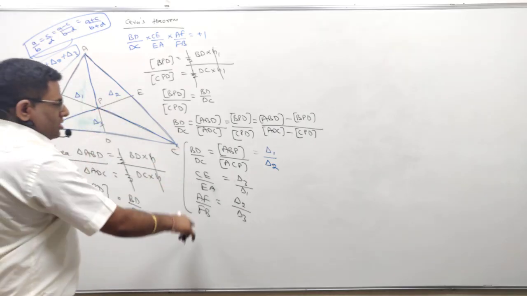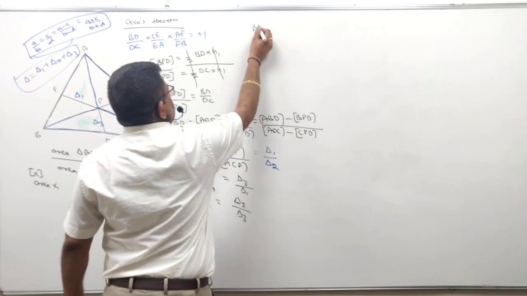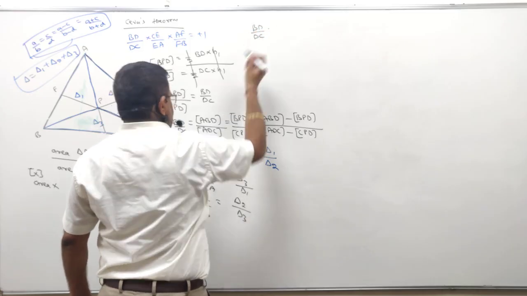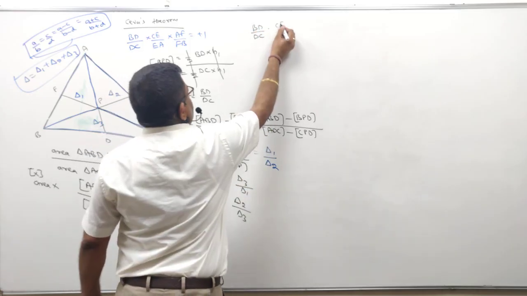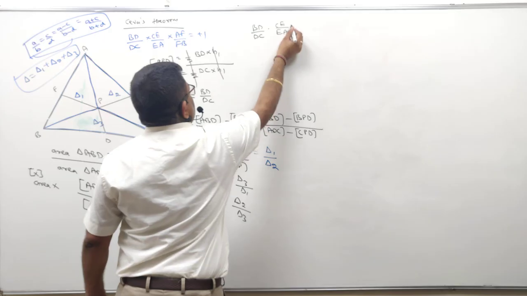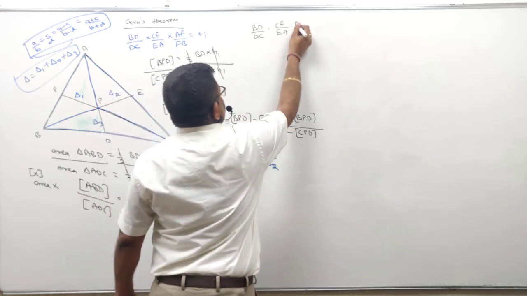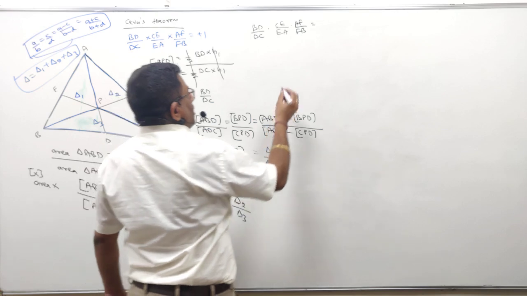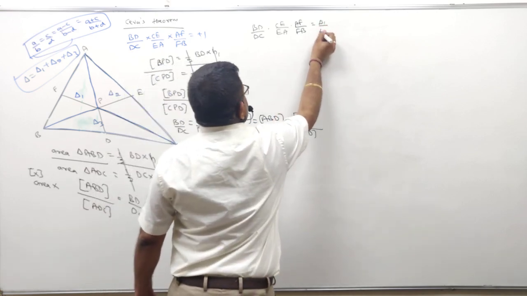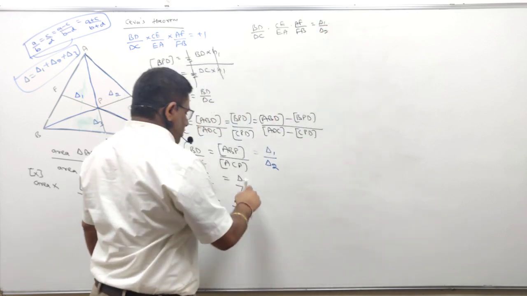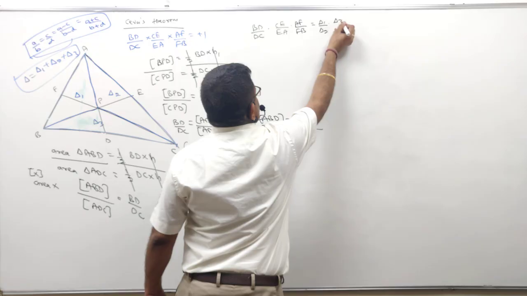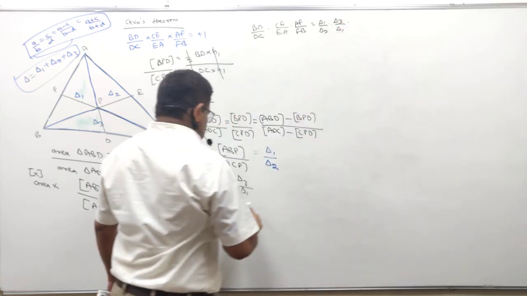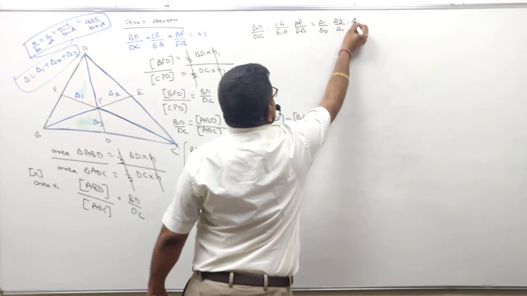So if I multiply these three results, we get BD upon DC into CE upon EA into AF upon FB equal to delta 1 by delta 2 into delta 3 by delta 1 into delta 2 by delta 3.